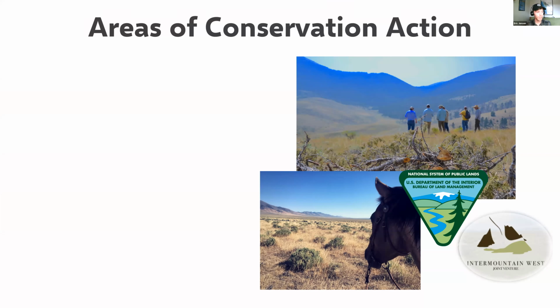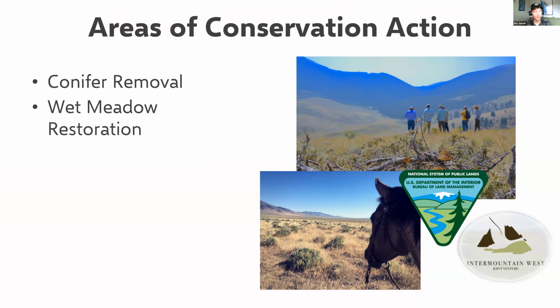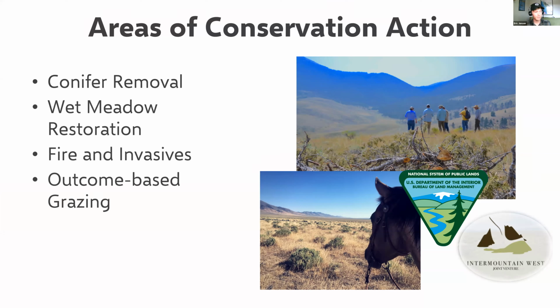None of this is news to you, but conifer removal, wet meadow restoration, fire and invasives, outcome-based grazing, and big game migratory corridors. We've already touched on some of these, and we'll drive them home a little bit more.